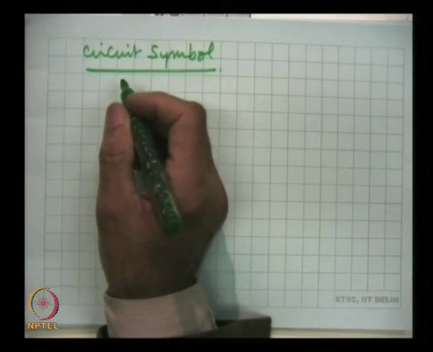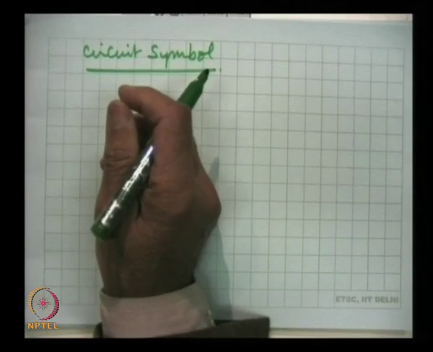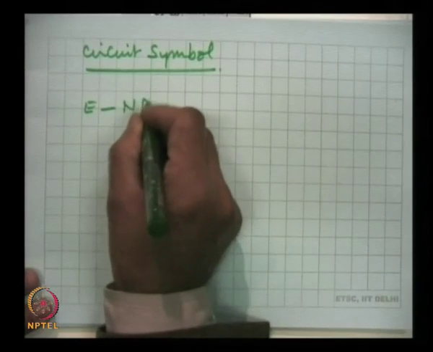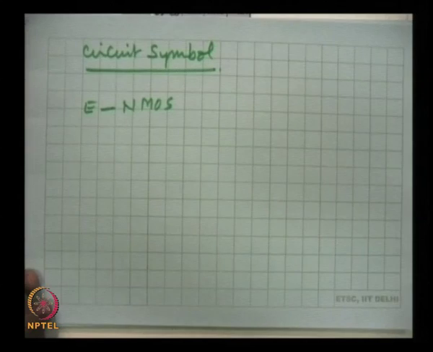Now, here what we have taken is a P substrate, and we get an N channel. So, popularly it is known as NMOS. So, for enhancement NMOS, MOSFET, when n type.